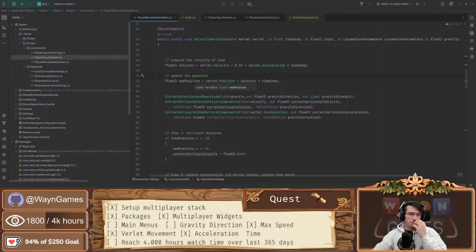Technically that should be the position the next half step, but since I'm assigning it to the entity, it's actually the next position, the new position.